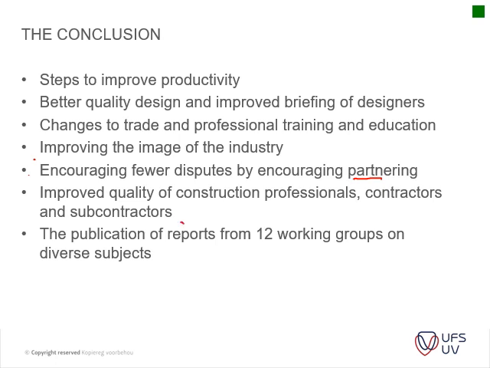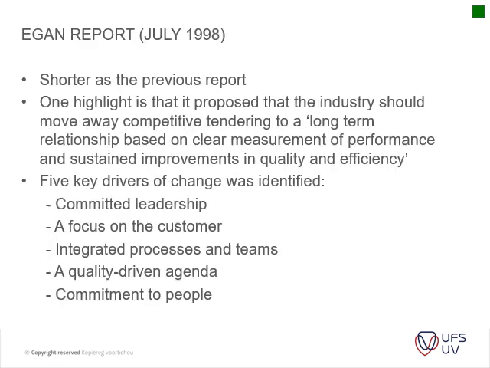And then improve quality of construction professional contractors and subcontractors. Publication of report from 12 working groups and diverse groups. So yeah, just this last point is not that important. It's just basically looking at the 12 groups of the industry, home building, civil engineering, etc., etc.